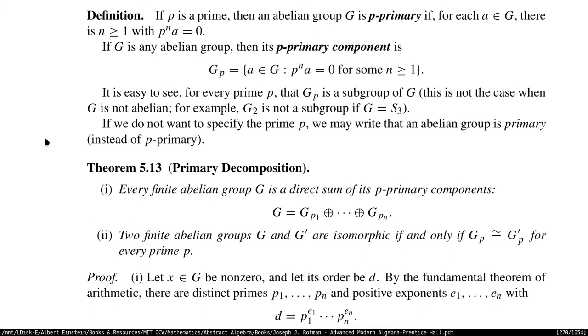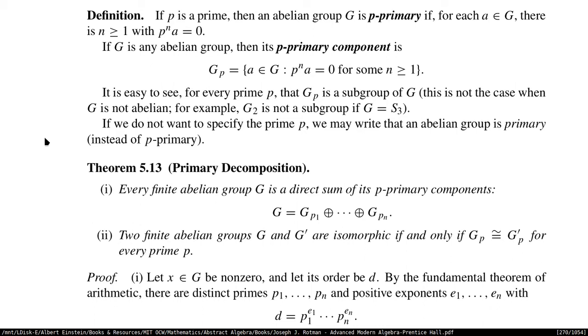Let's say we've got a group of order 72, and we want to find its 2-primary component. We just multiply everything by 8, which is the highest power of 2. That would be a homomorphism of the group into itself, and then the 2-primary component would be the kernel of that homomorphism.